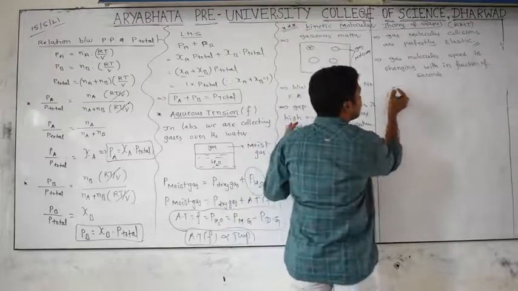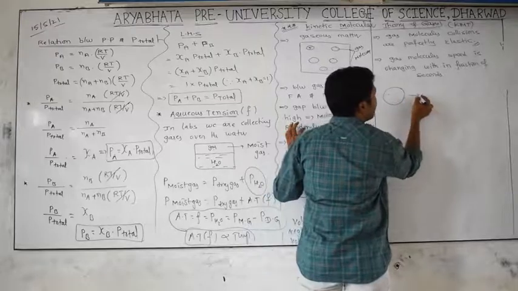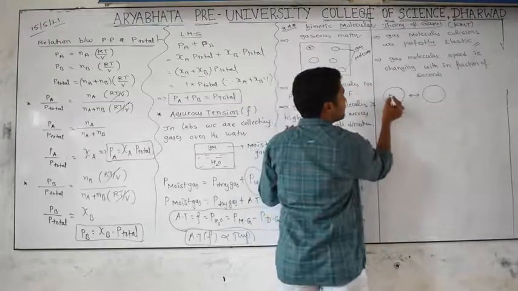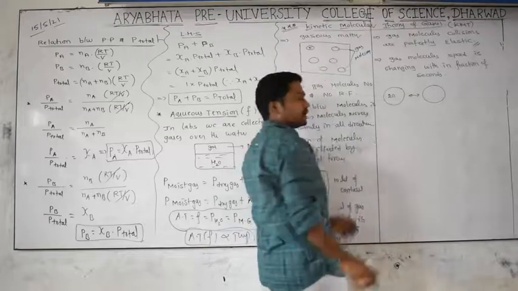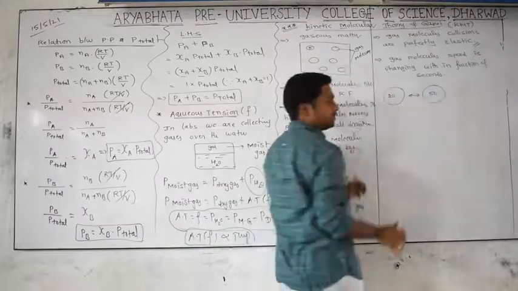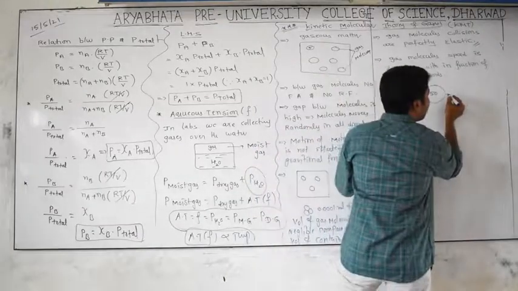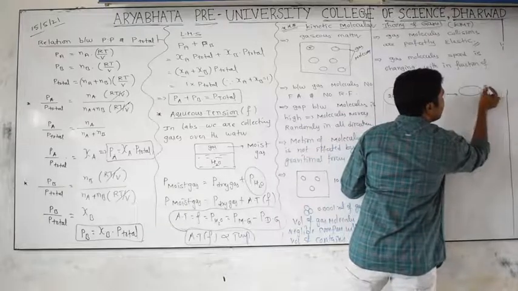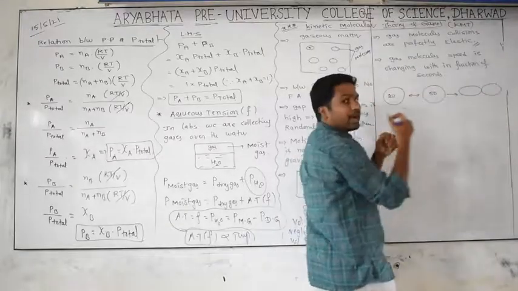If you take a gas molecule and collide it with another gas molecule, see carefully. For example, this one has 20 kilojoules of energy and this one has 50 kilojoules. Now they collide together. While colliding, the molecule shape may change.